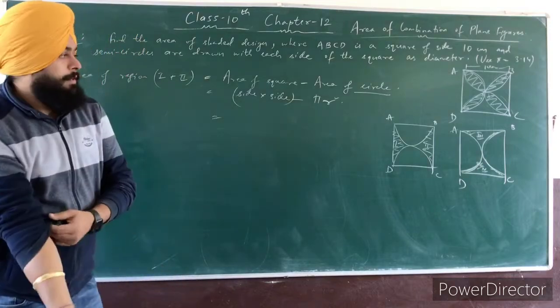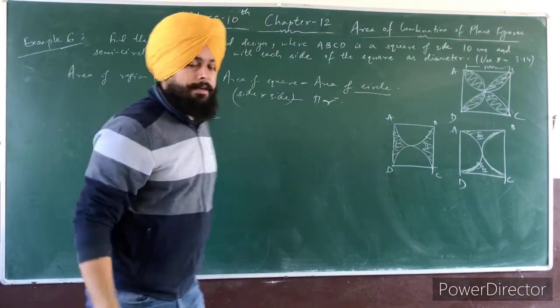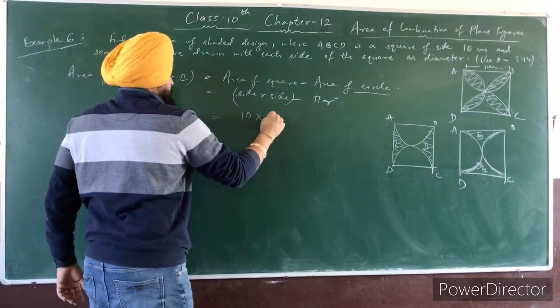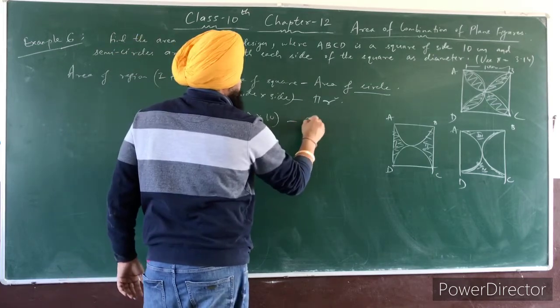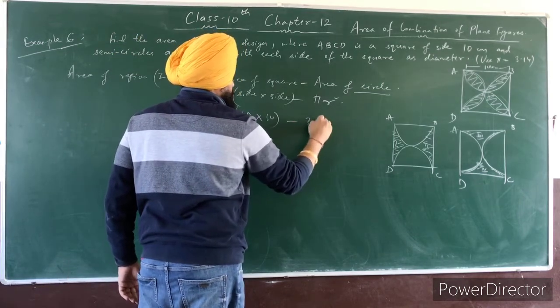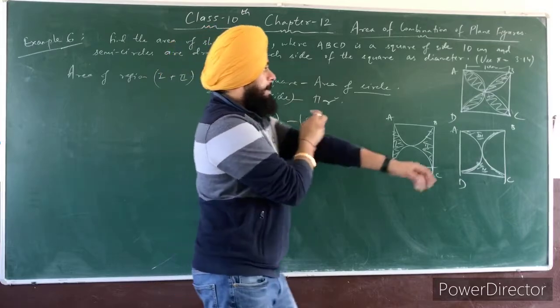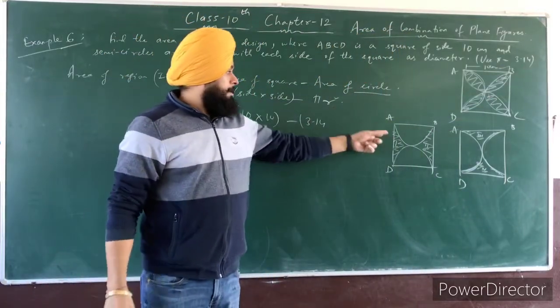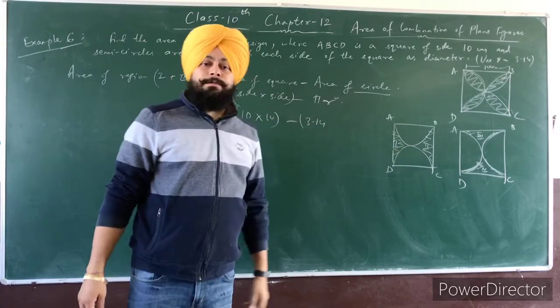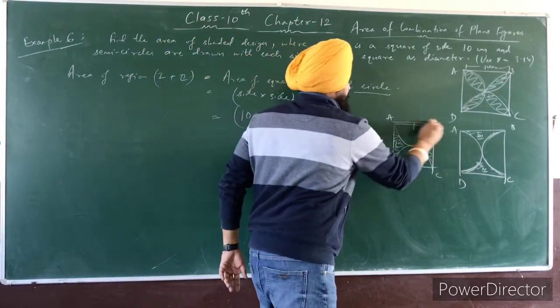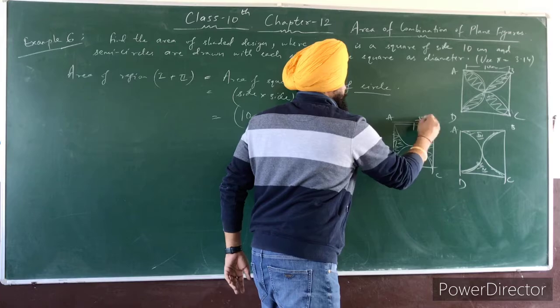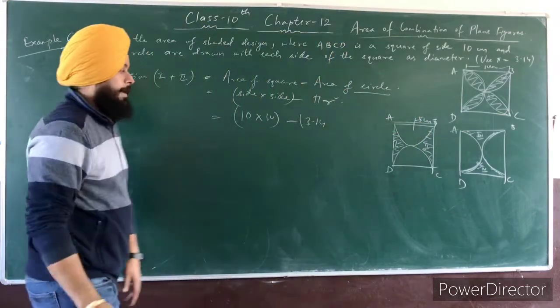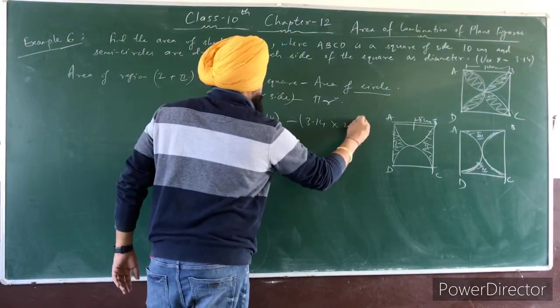So what is the side of the square? The length of the side of the square is 10 centimeter. Pi, its value is 3.14. In this question, the value of pi is given already, that is 3.14. And the radius of this circle is how much? If the diameter is 10, the radius is only 5. So 5 square is how much? 25.